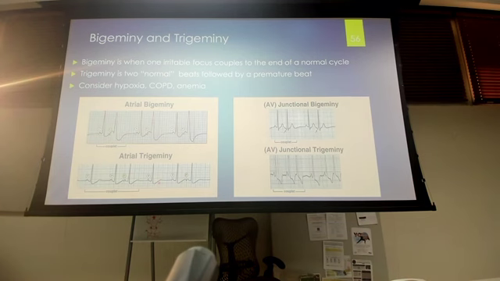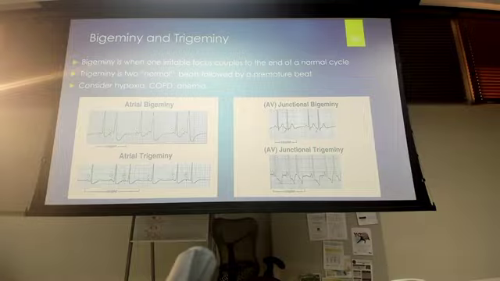Bigeminy and trigeminy. Again, probably not that big of a deal, but when we think about QRS complexes, we ask: are they there? Are they regularly spaced? Are they grouped? This is the grouped QRS complexes. For bigeminy, you'll have a normal QRS complex and then a premature beat right after it. Normal, then premature.